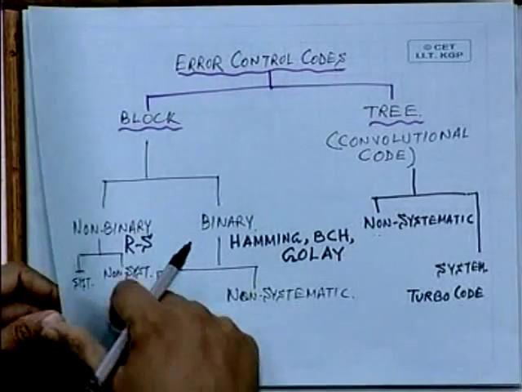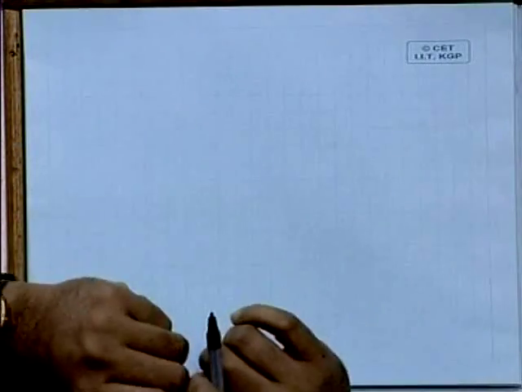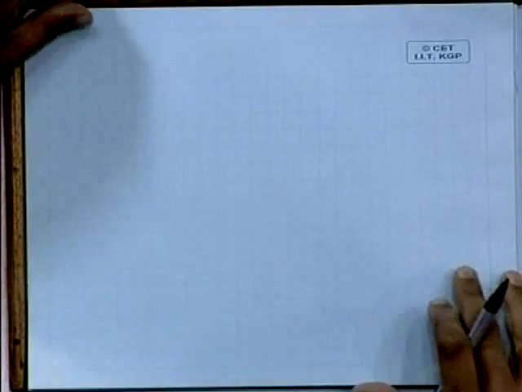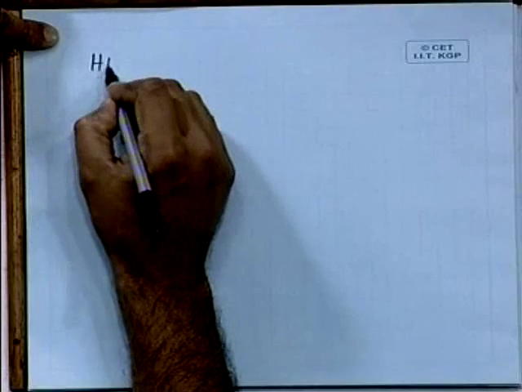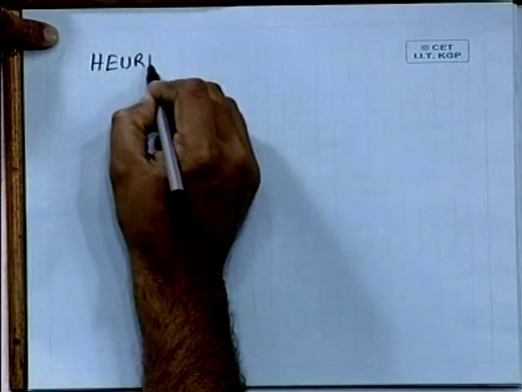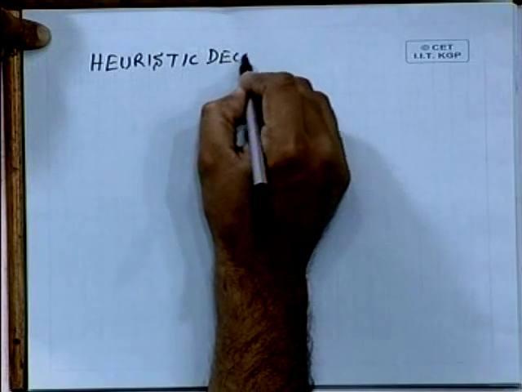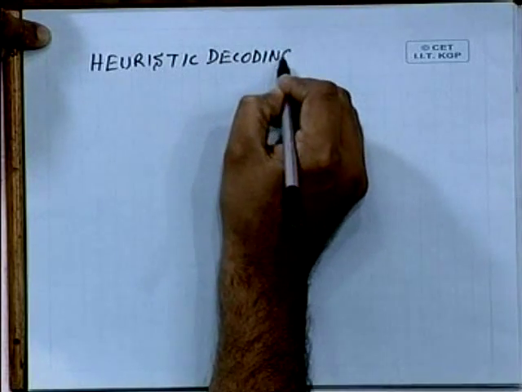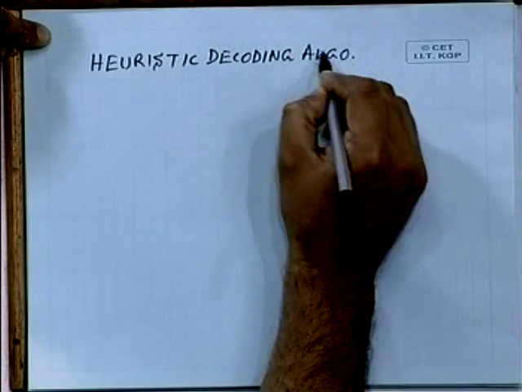Now, we try to understand the basic issue of decoding, and from this point onwards, for easier understanding, we will assume the binary block code. A heuristic decoding algorithm.